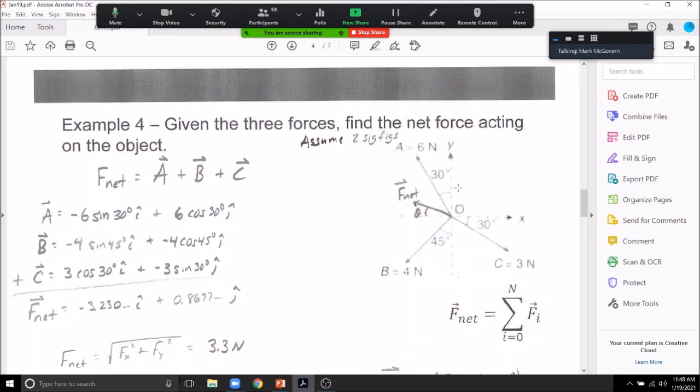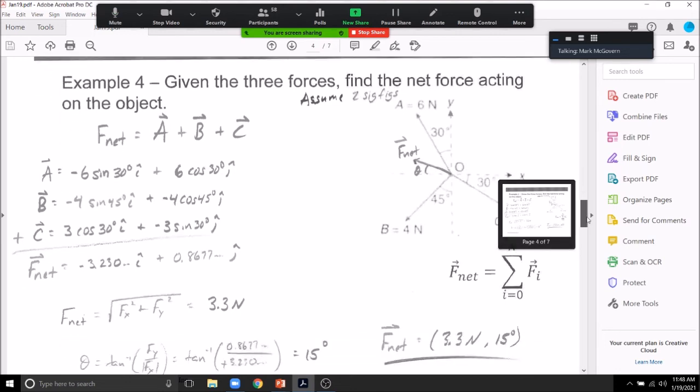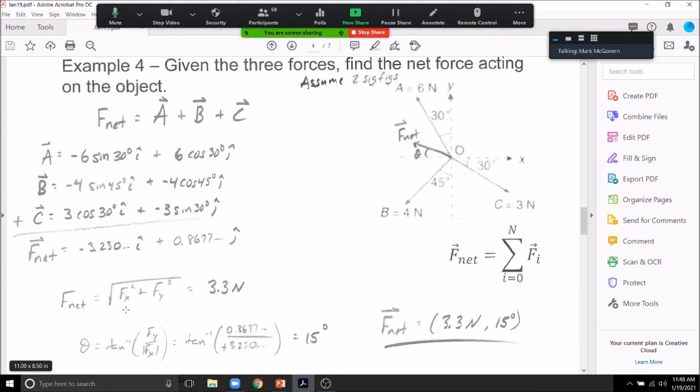Now, ultimately, I am looking for the magnitude and direction. So once I have that vector, I'm going to specify an angle here with respect to the negative x-axis. My Pythagorean theorem gives me 3.3 newtons for the magnitude. And for the angle, I already labeled it here, it's the y over the x component, and that's 15 degrees. And that certainly looks like that angle. 15 degrees is very shallow.